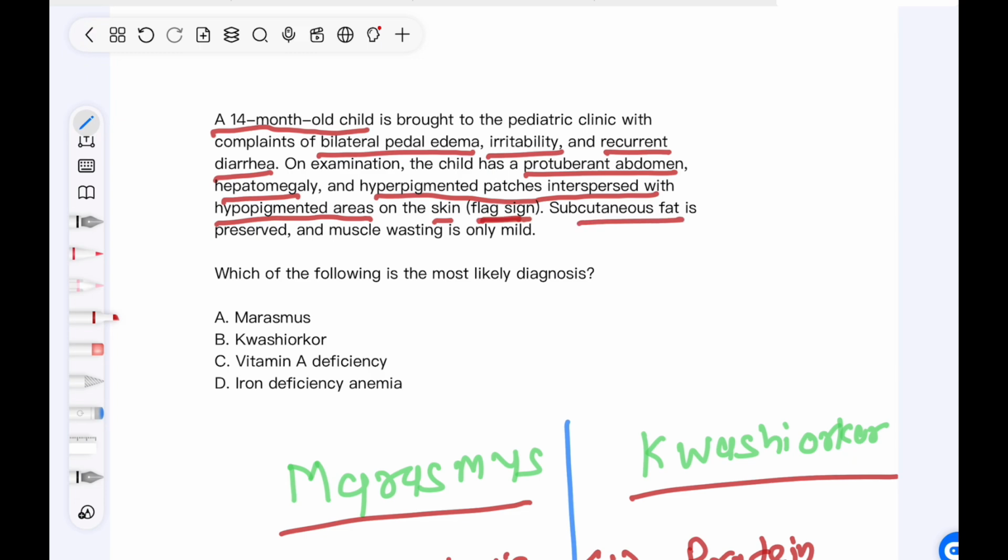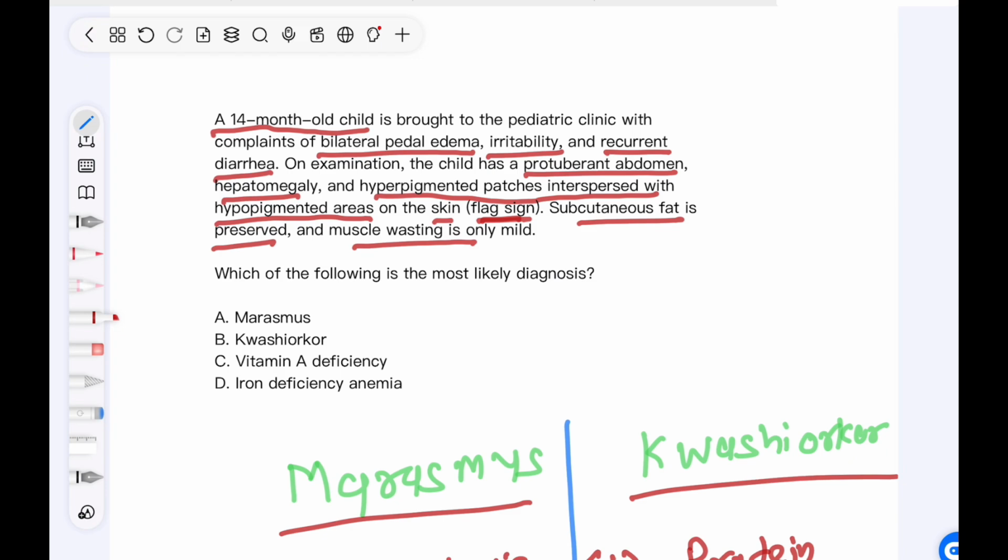Subcutaneous fat is preserved and muscle wasting is only mild. Which of the following is most likely diagnosis? Option A marasmus, option B Kwashiorkor, option C vitamin A deficiency, option D iron deficiency anemia.